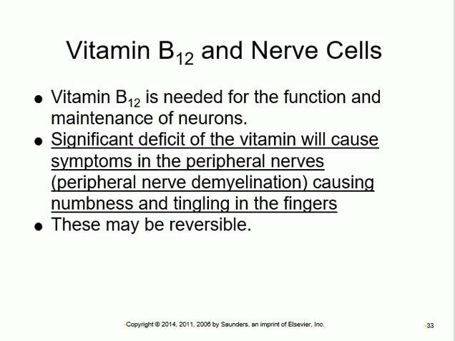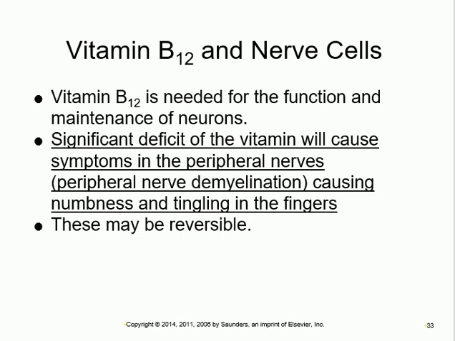Those people will not only have a problem with the red blood cells, they actually have a problem with the nervous system, because vitamin B12 is not only important for the red blood cells, it's important for the function of the nervous system. So those people will also have problems with the peripheral nerves, specifically peripheral nerve demyelination.